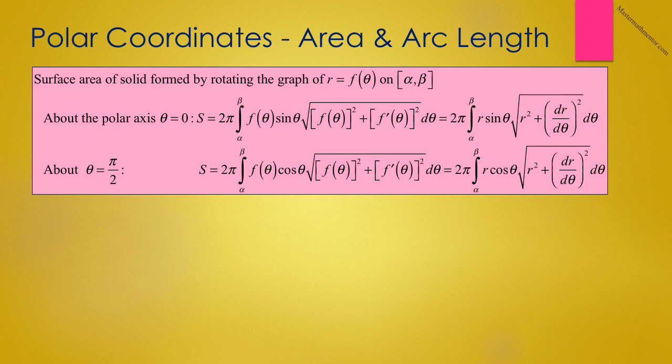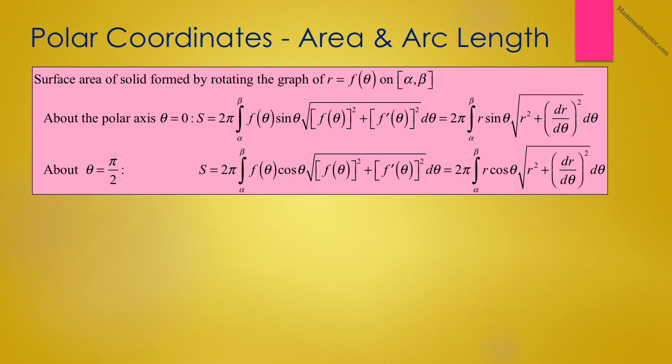Although not included on the AP exam, we introduced the concept of surface area of a solid formed by rotating the polar graph r equals f of theta on the interval alpha through beta.